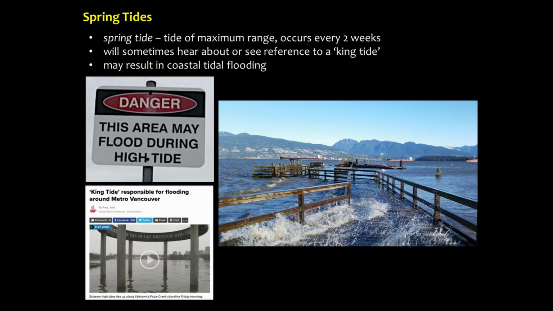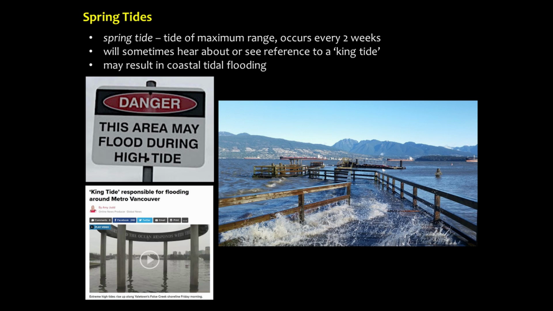So spring tides are these tides of maximum range that occur every 2 weeks. And they can be of concern, especially in coastal communities. I know this is an issue in places like Victoria, BC, and places like Miami, Florida. What you see is this high level of water. It results in coastal flooding if this is a time as well when we might have storm activity. For example, a storm surge is coming on shore, or there are hurricanes in the area.